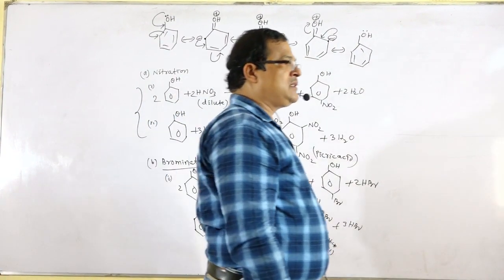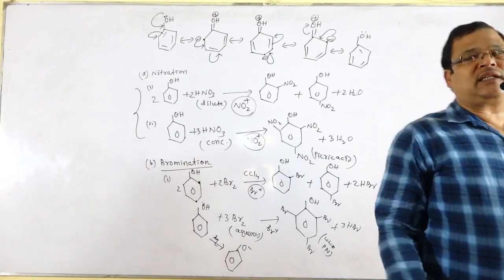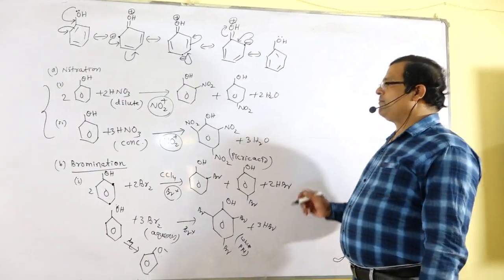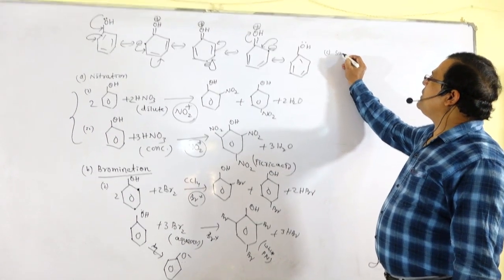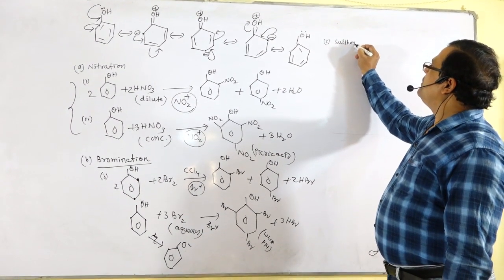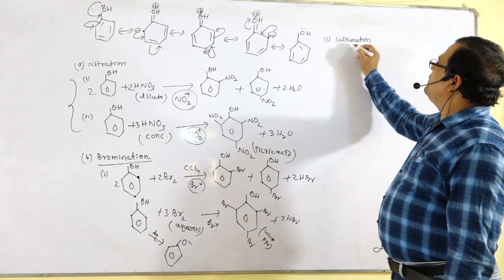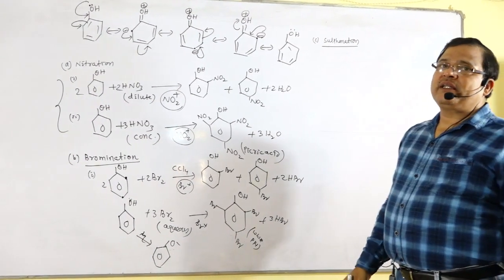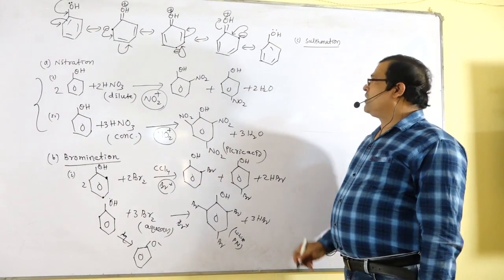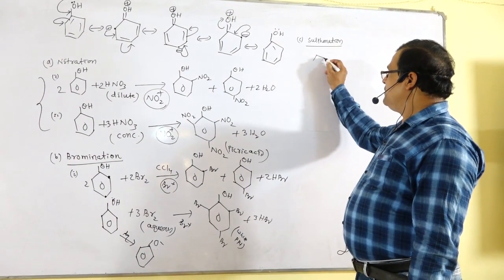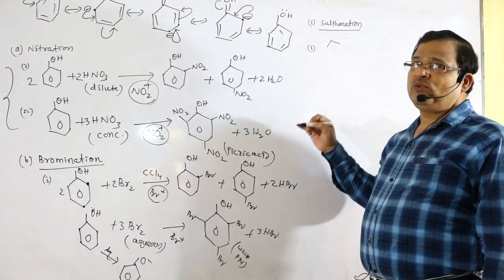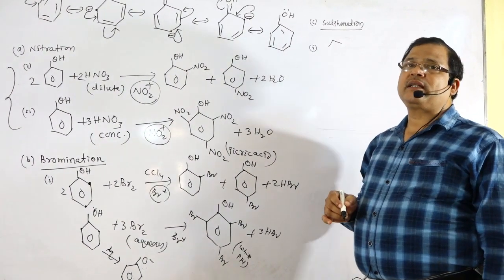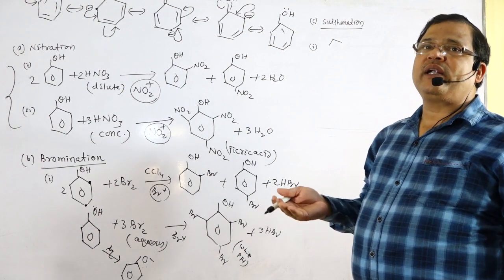This is regarding nitration and bromination. Now let us explain sulfonation, that is, the sulfonation reactions of phenol. Sulfonation can be explained on the basis of whether we have used sulfuric acid at 25 degrees centigrade or 100 degrees centigrade.